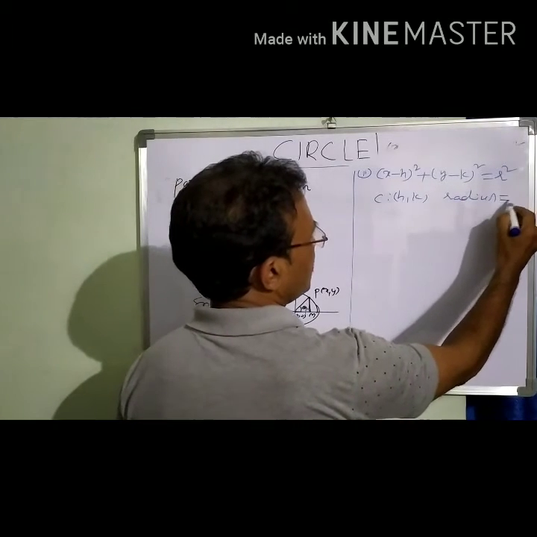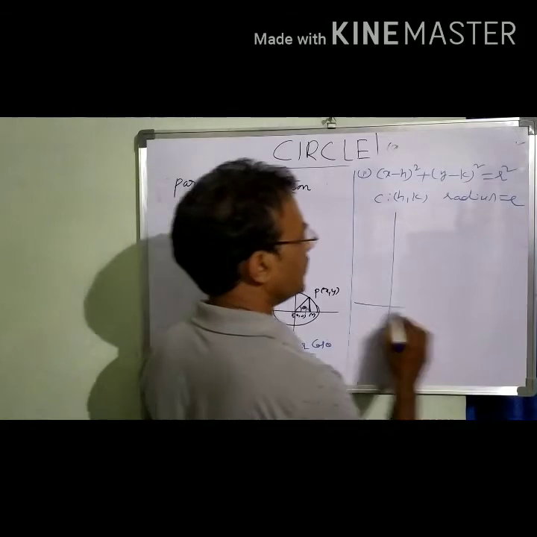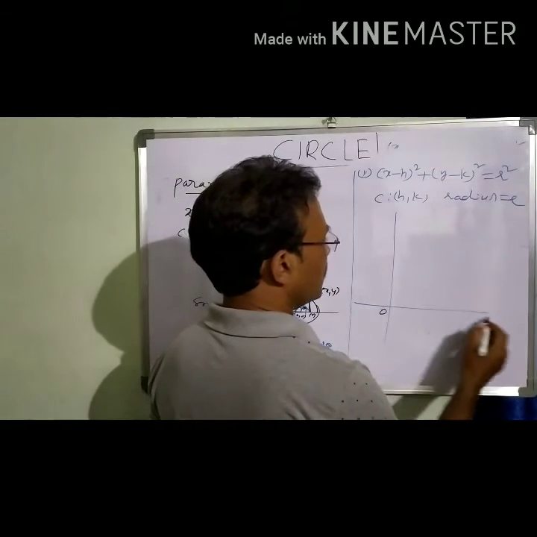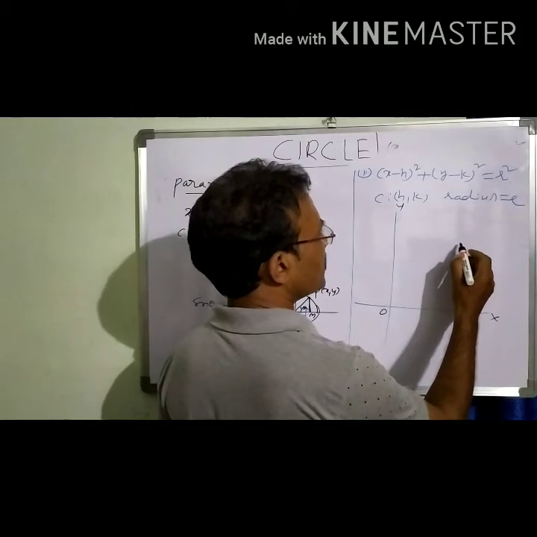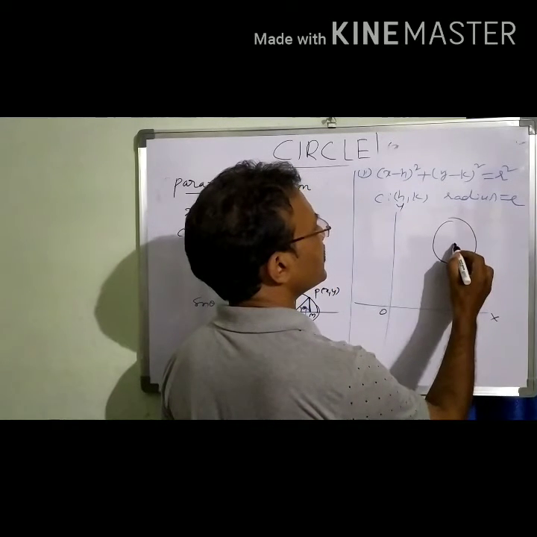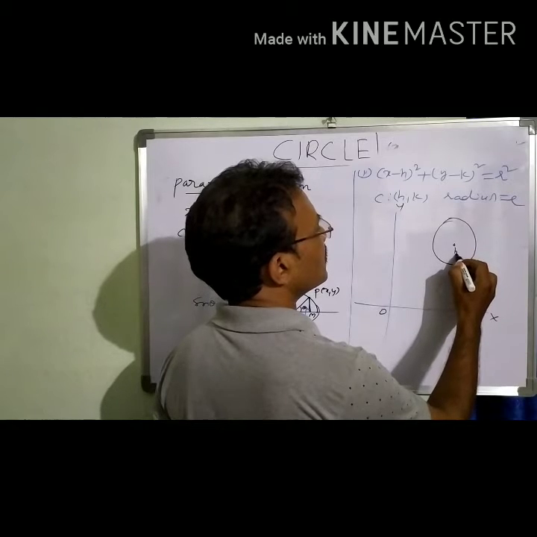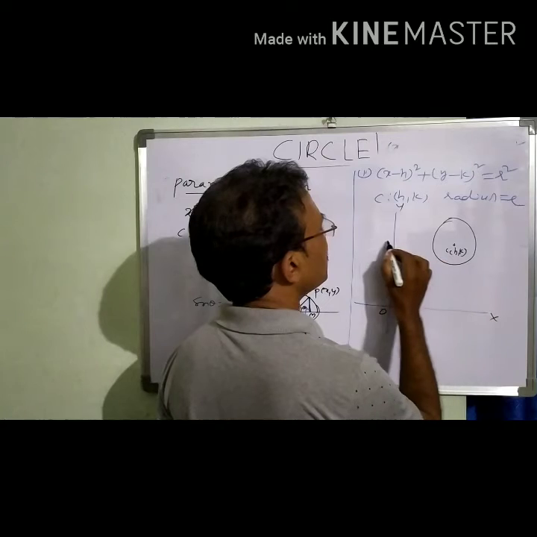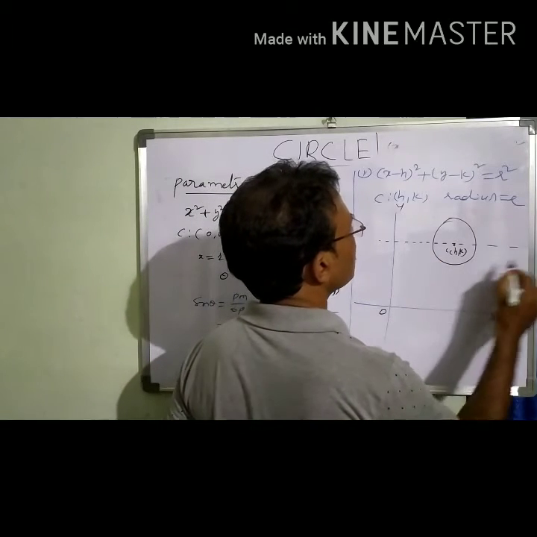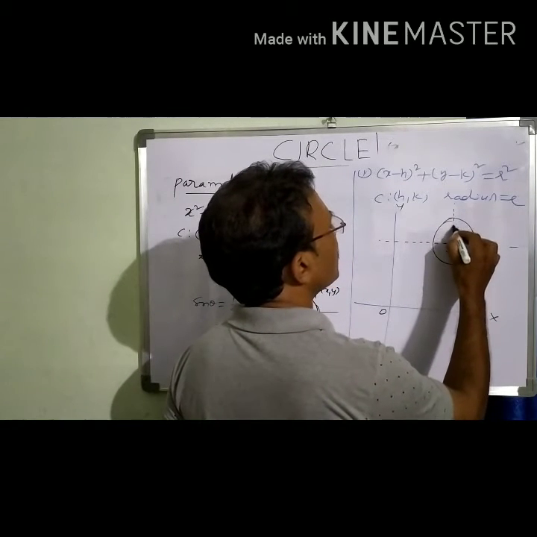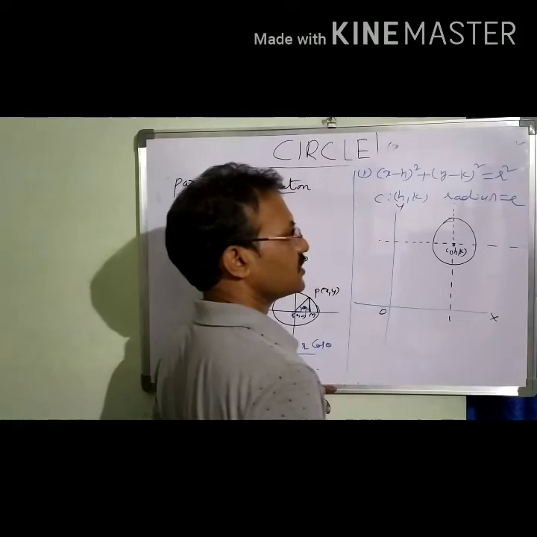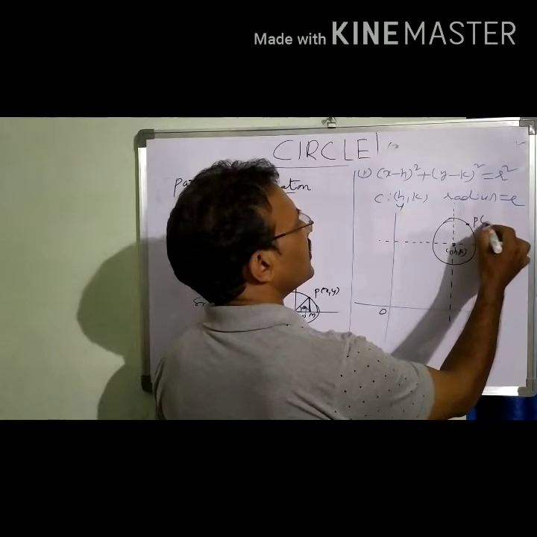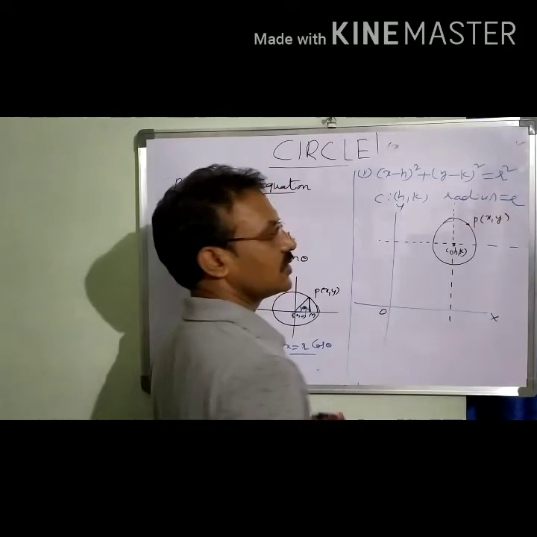Suppose you draw this circle on the Cartesian plane, here (h, k) is the center and its radius is r. Draw a line parallel to the x axis through the center and another line parallel to the y axis. Here consider a point P(x, y) on this circle.